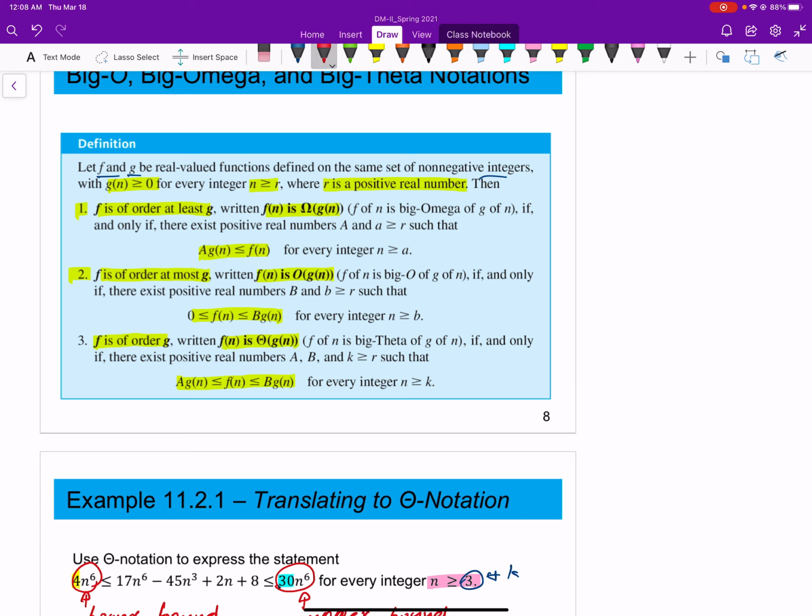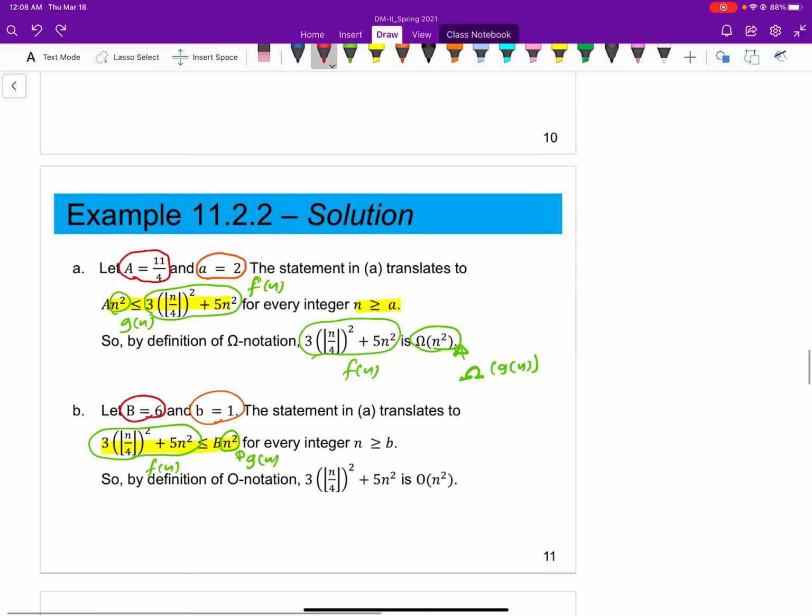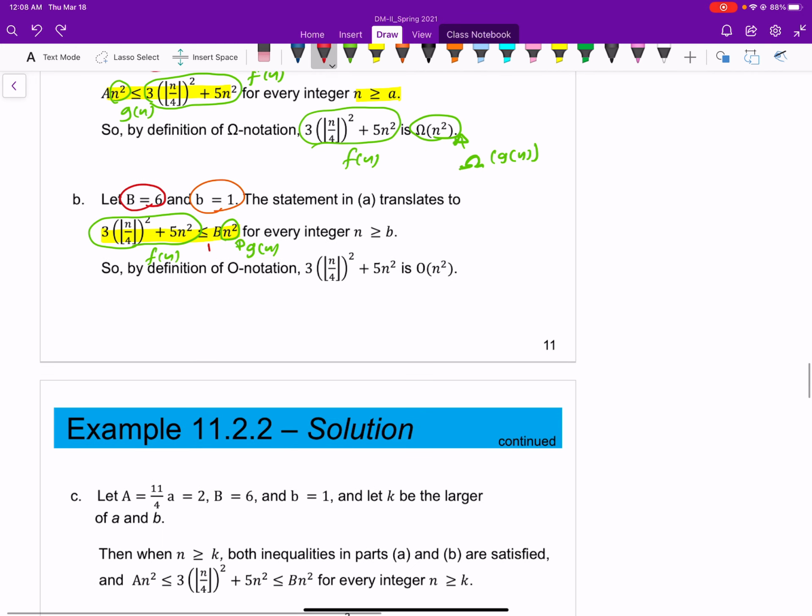In this case, you have to bound f of n above by b times g of n. Okay, so you can see that it is bounded above.